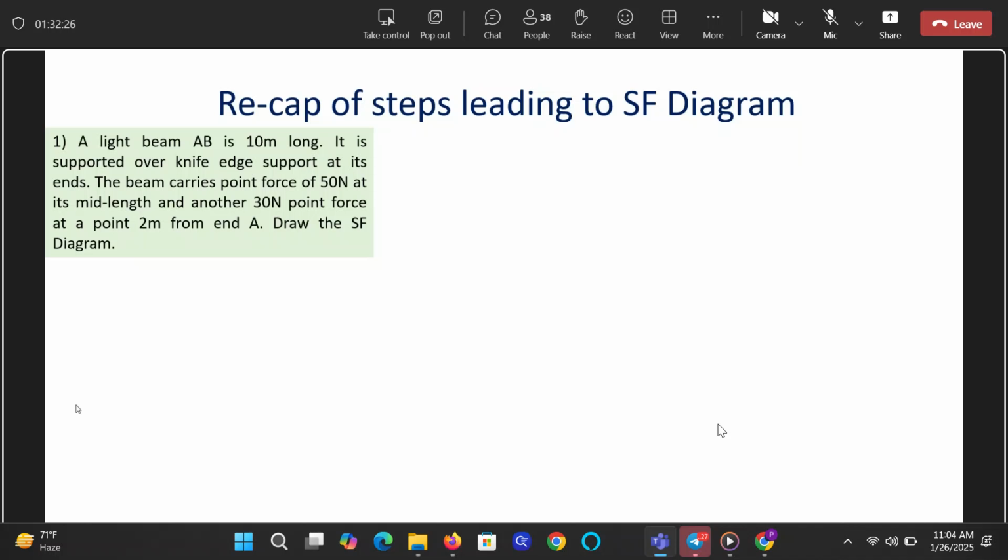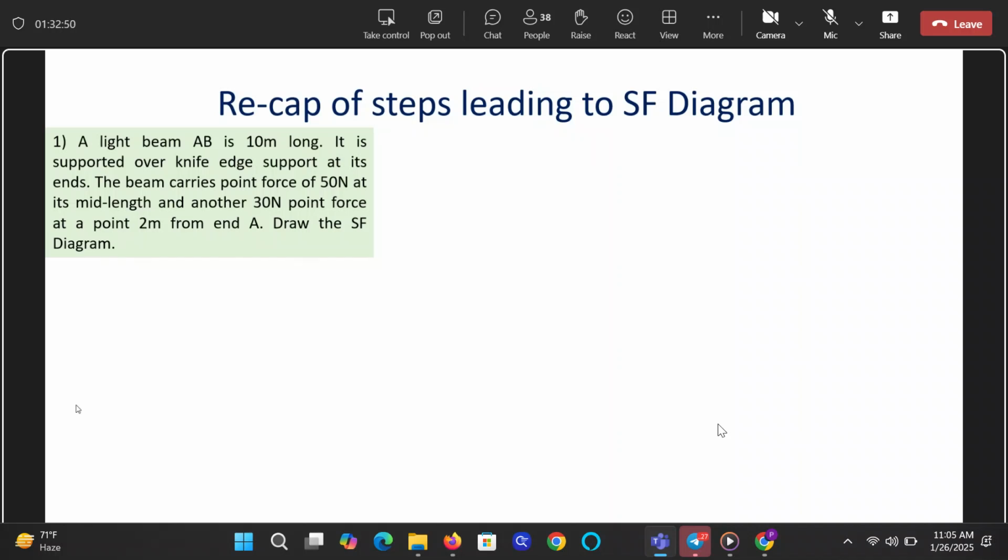You must be thinking that the question does not talk of BM. Why? Because unless you know the shearing force properly, you will not be able to work the BM. The shearing force will be further used for calculating BM. So if your shearing force is wrong, your BM is not going to be correct in any case. So you need to be very, very clear about shearing force.